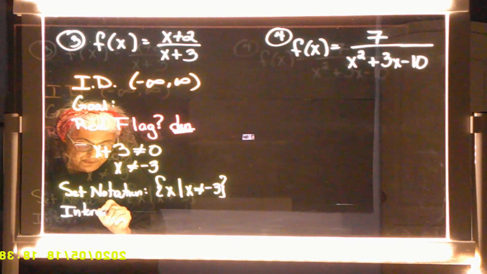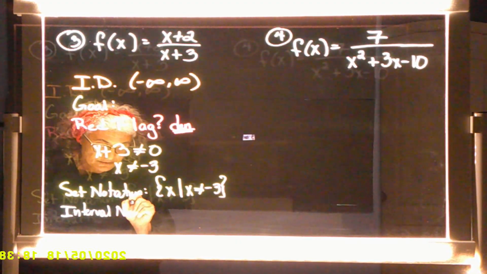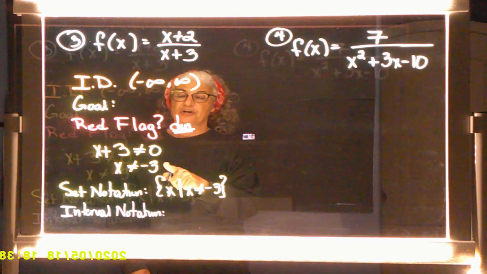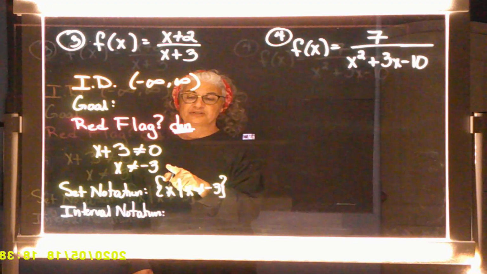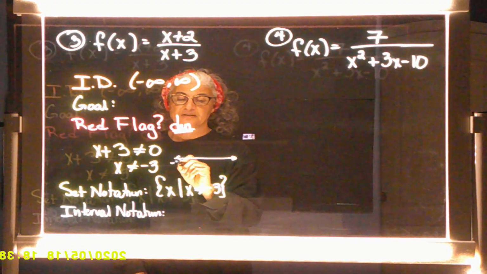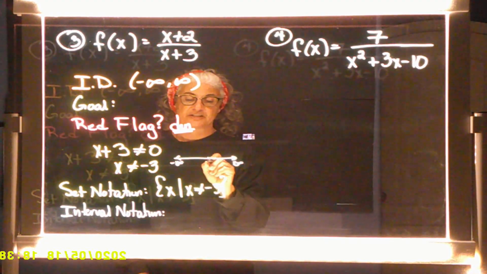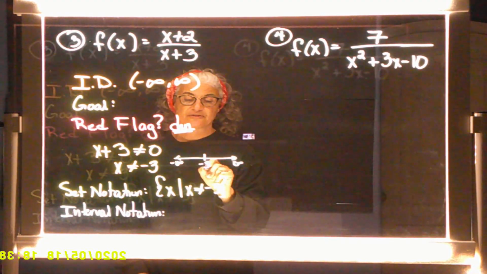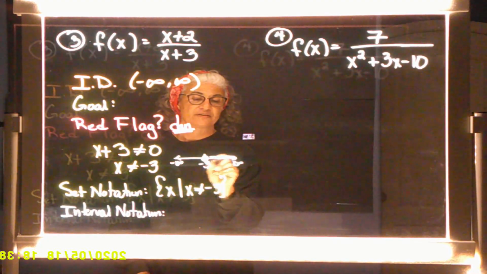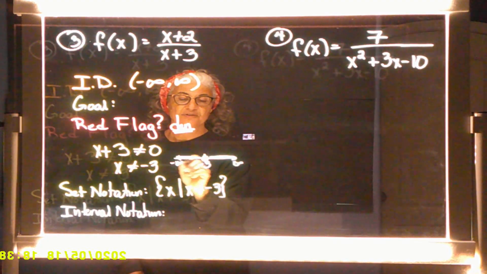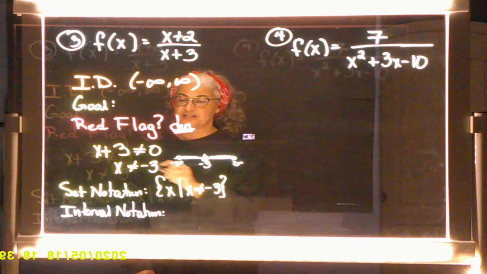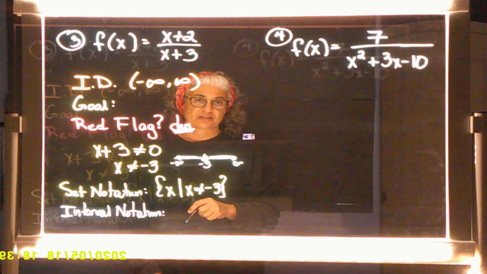So let me refresh your brain on interval notation. The interval notation comes from a graph. So if I look at x not being allowed to be a negative 3, if I look at my number line, negative infinity, positive infinity, and at negative 3 we're going to put an open circle. And we can shade everything on this side of the negative 3 and everything on this side of the negative 3. I just can't shade the negative 3 because it says x can't be negative 3.